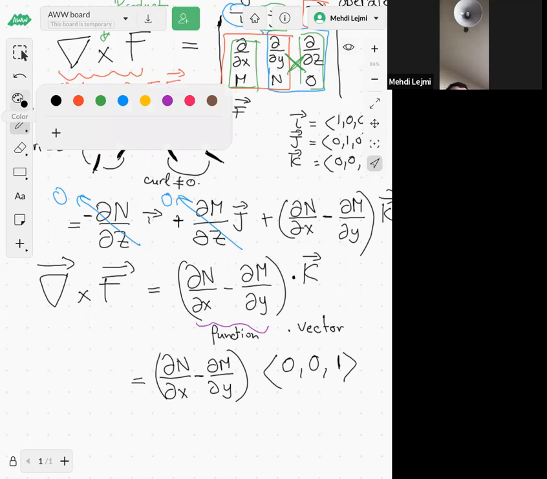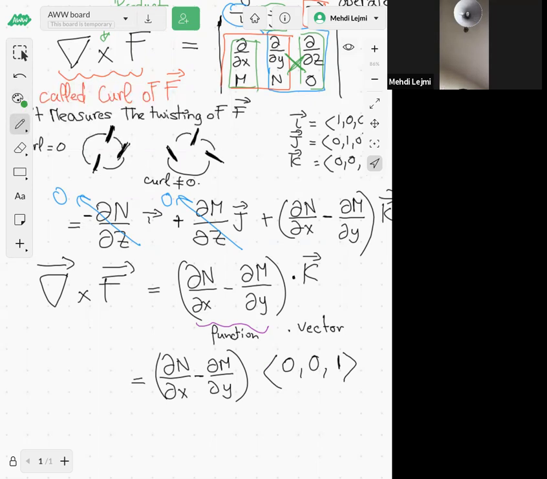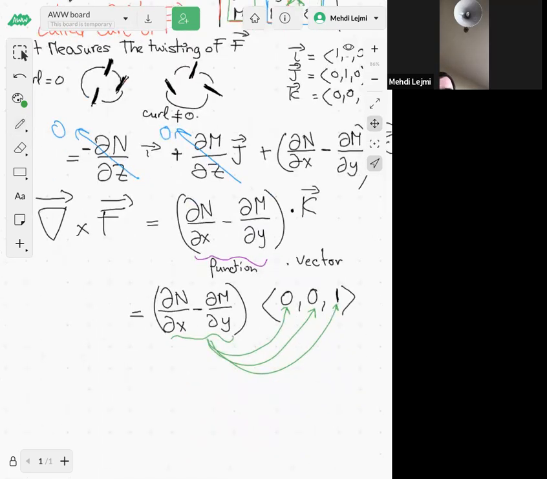If you have a scalar, a number, and you multiply a number by a vector, you have to multiply each component of the vector by that number. In this case, we have a function, so we multiply the first component by this function, the second component by the same function, and the third component by this function. But the first and second components of the vector are just zeros. So it's going to be equal to 0, 0, and then the difference between the derivative of n with respect to x and the derivative of m with respect to y.